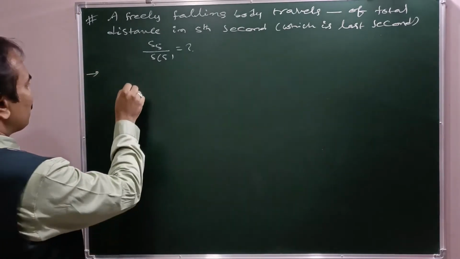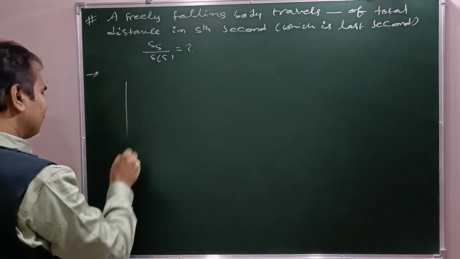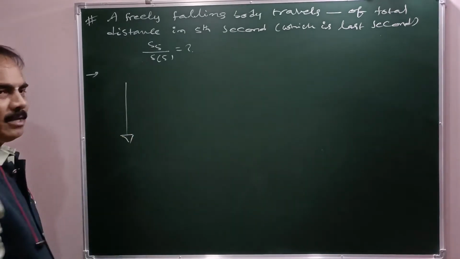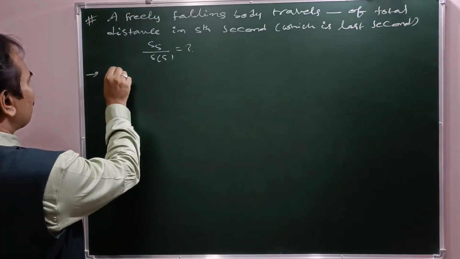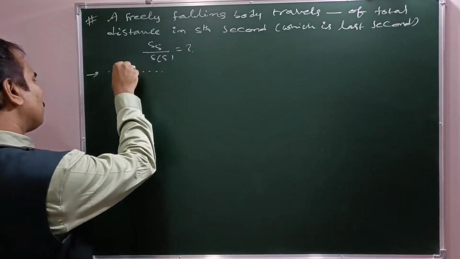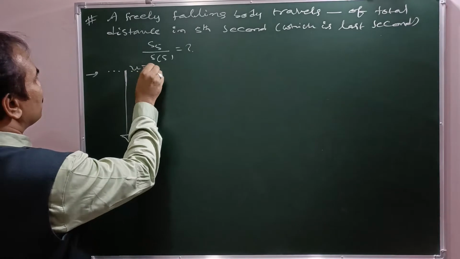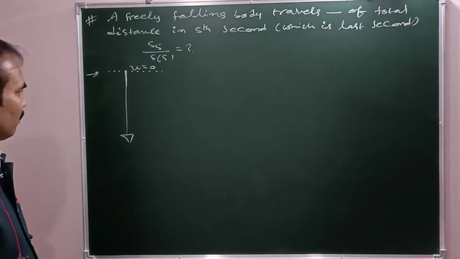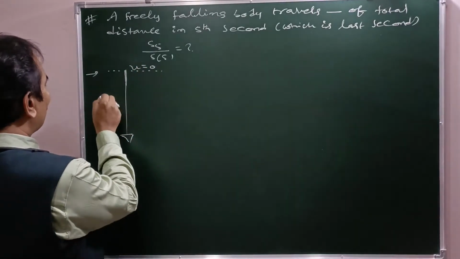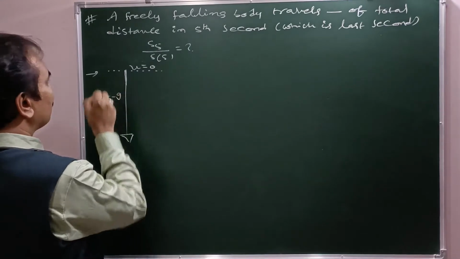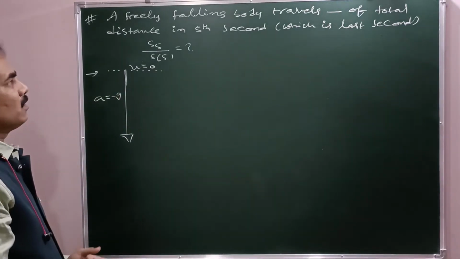See here, this is a freely falling body, with the reference line here. The initial velocity is 0 for a freely falling body, right? A equal to minus g.